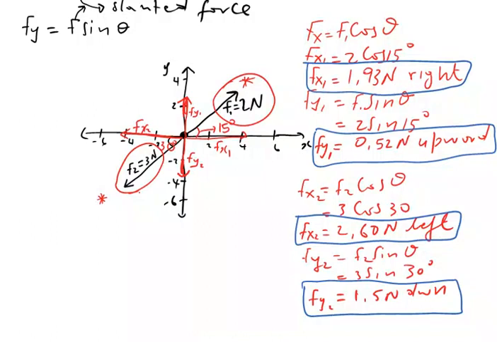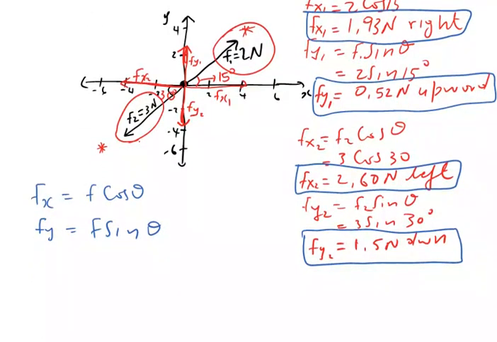Then you calculate the resultant force. So that is how we do it. We use Fx, that is the horizontal component, that is F cos theta. Then we use Fy, that is F sine theta. Then we are going to use the angle.